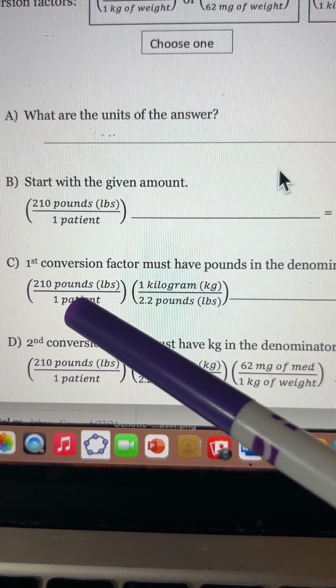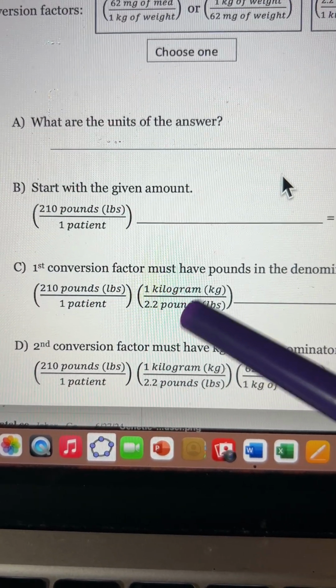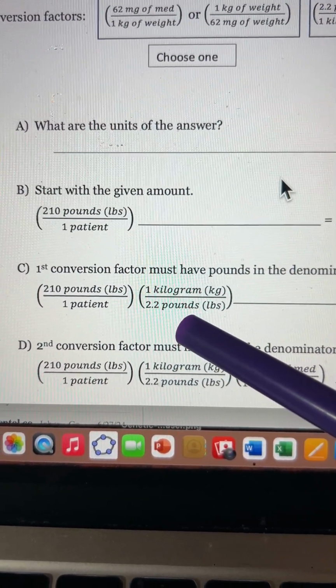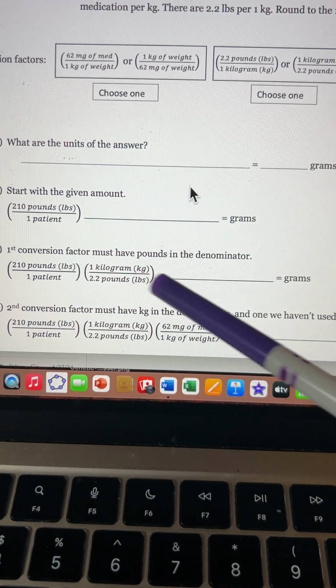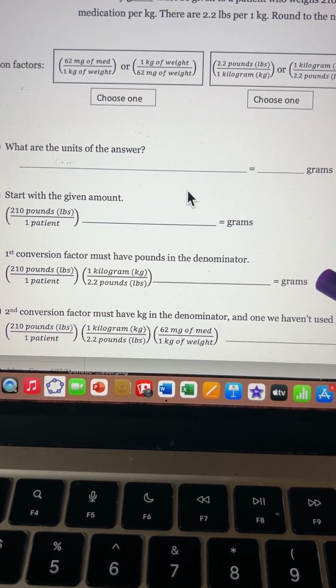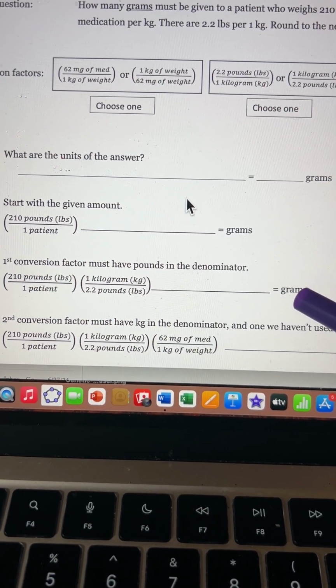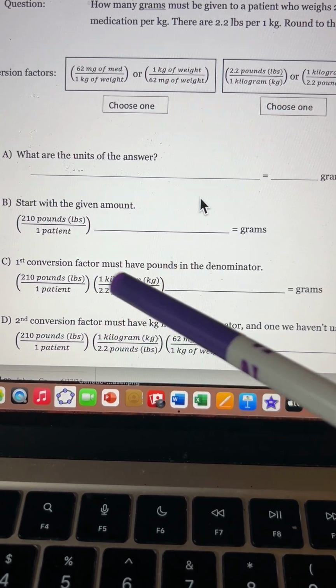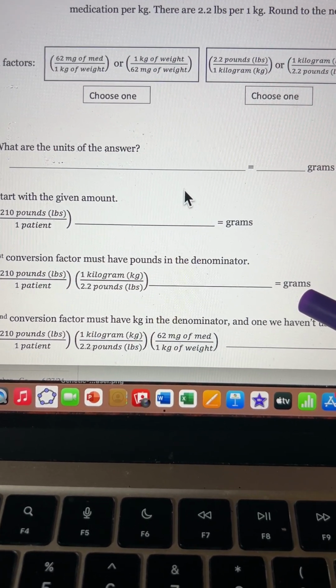We started with the person weighed 220 pounds, and this conversion factor allows us to convert that to kilograms. Well, notice kilogram and grams are really close, the same words. This is how this is solving the problem. We're converting from one unit to the other units with the conversion factors.